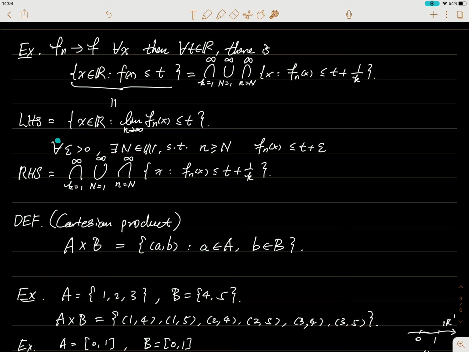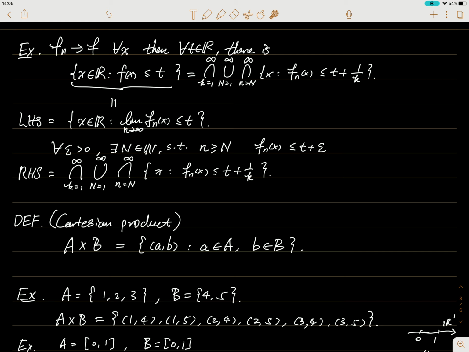The there exists becomes this union, and then for all the n greater than that capital N, that becomes an intersection, and then we have this. So this is exactly the right hand side we have here.